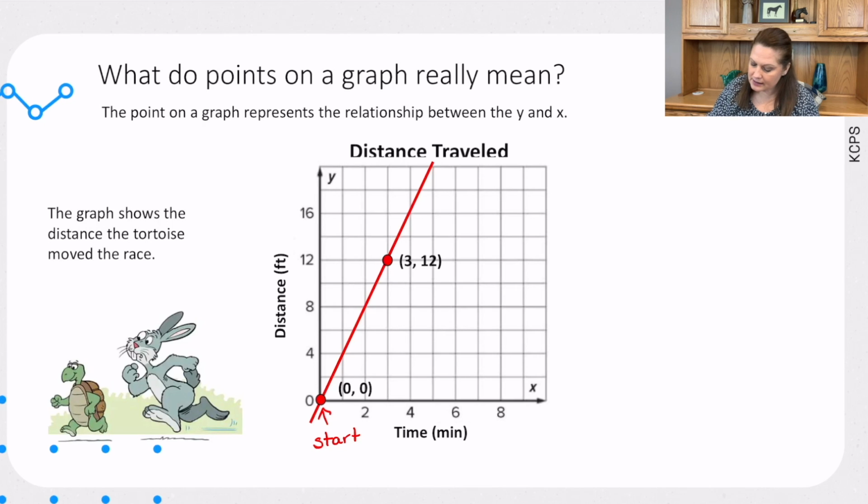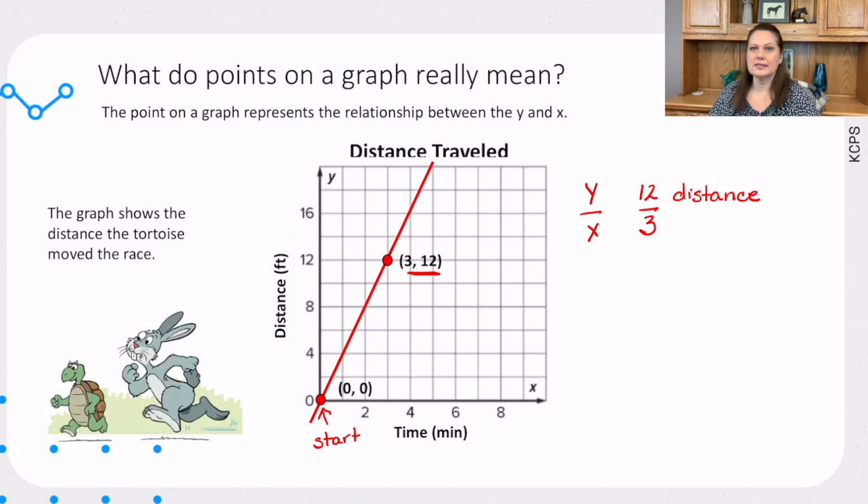Now you'll notice here's my ordered pair, 3, 12. I'm going to put it in my constant of proportionality fraction. So I'm going to say 12 on top, 3 on the bottom, my numerator and denominator. Look at your axes to tell you what each of those means. The 12 is the distance that the tortoise traveled, and the 3 is my time.